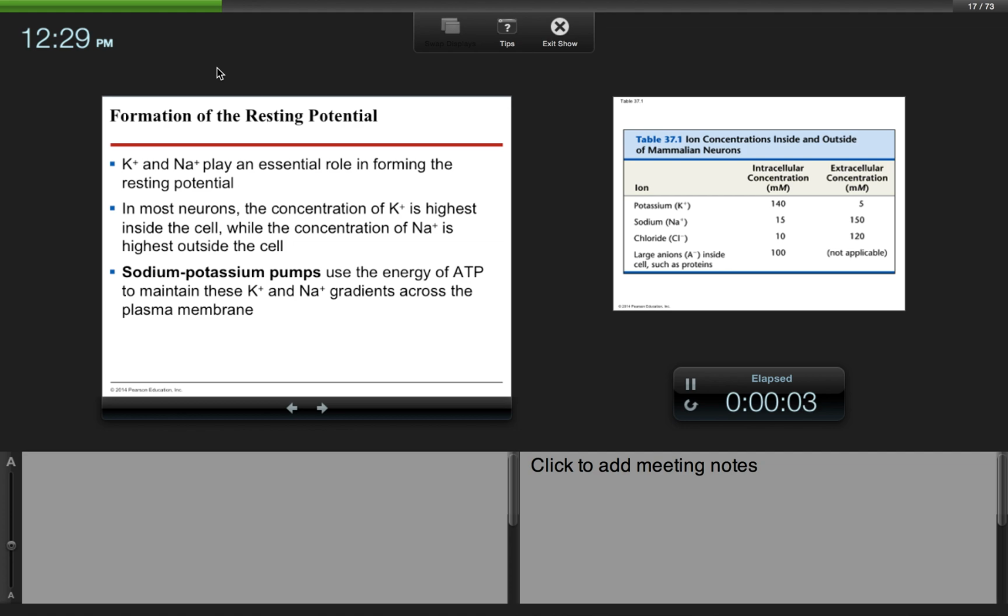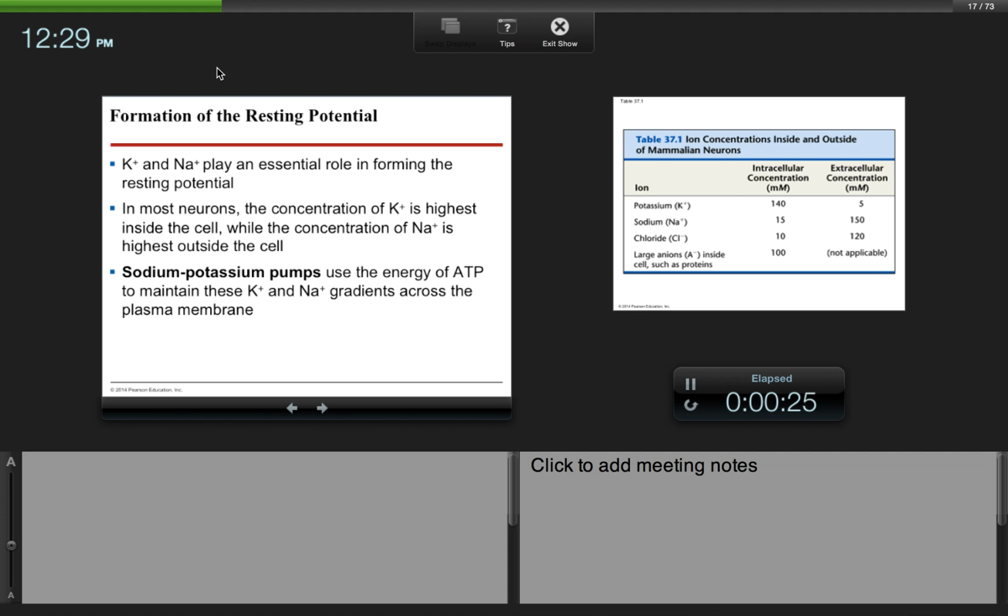Potassium and sodium play an essential role in forming the resting potential. In most neurons, the concentration of potassium is highest inside the cell, while the concentration of sodium is highest outside the cell. As you recall, sodium-potassium pumps use the energy of ATP to maintain these potassium and sodium gradients across the cell.